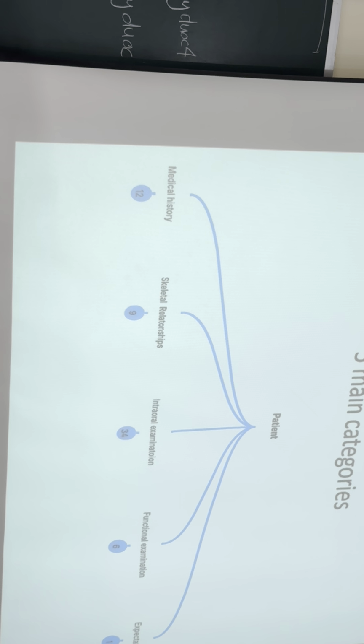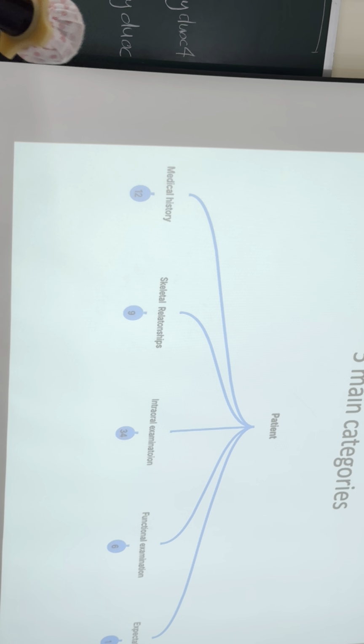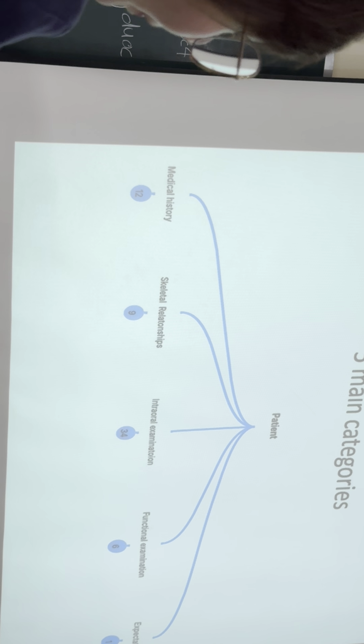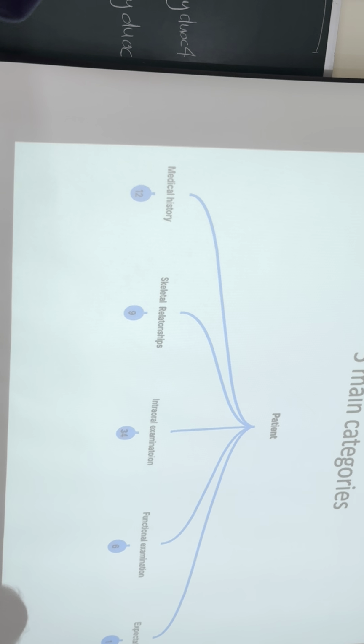From 0 to 20, it's mild. From 20 to 40 is moderate. From 40 to 60 is severe. So this way you can know whether the patient fits 1, 2, or 3, and then, depending on your level of expertise, you decide if you treat the patient.